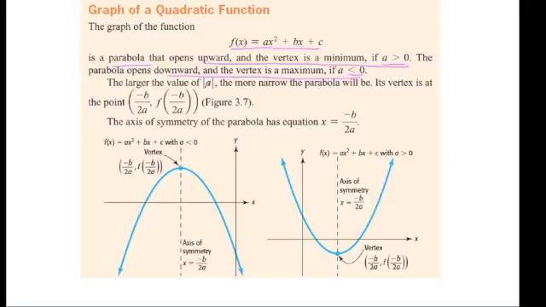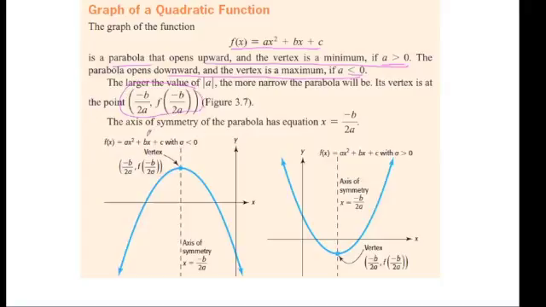The larger the absolute value of a, the narrower the parabola will be. So the bigger the a out here in front, the narrower the parabola will be. Its vertex is at the point negative b over 2a, and then the y value would be f of negative b over 2a.